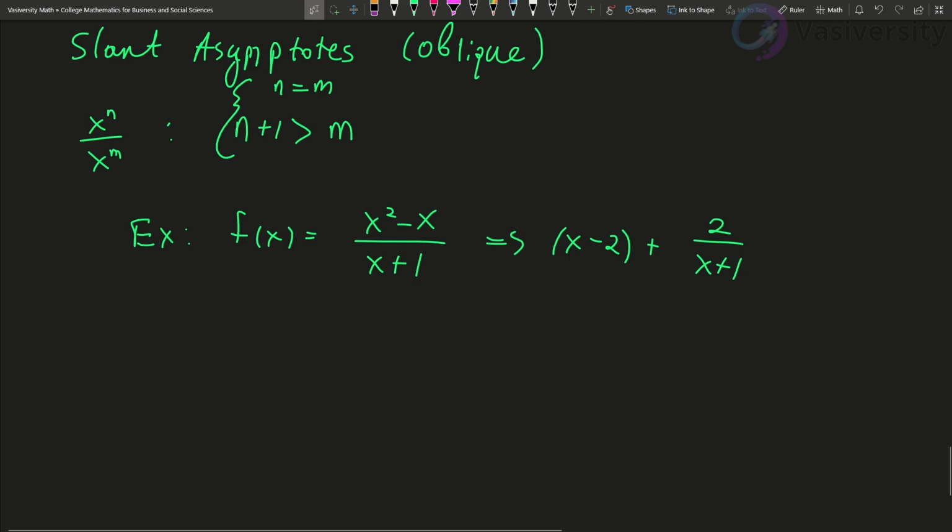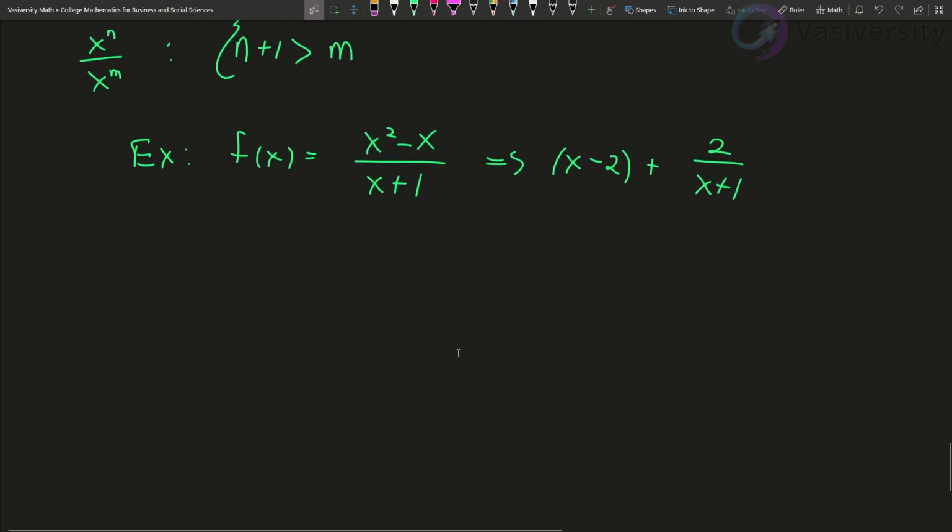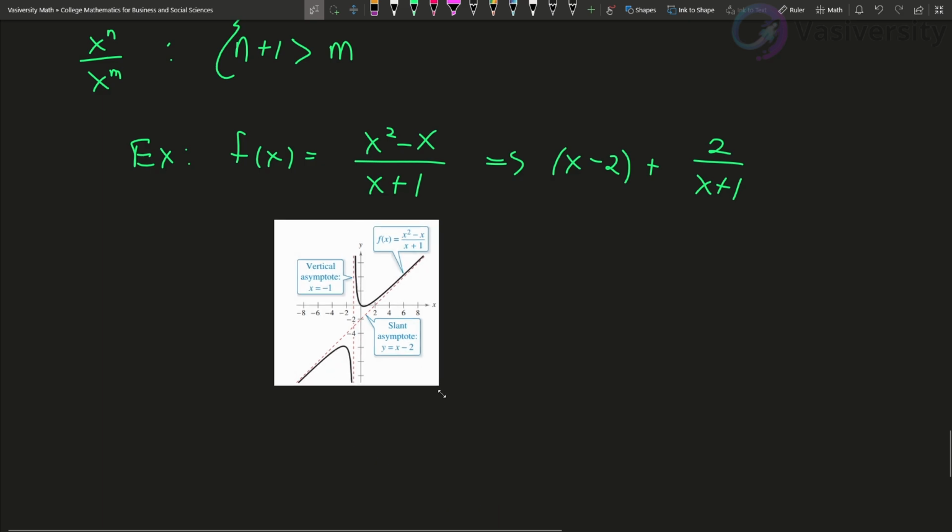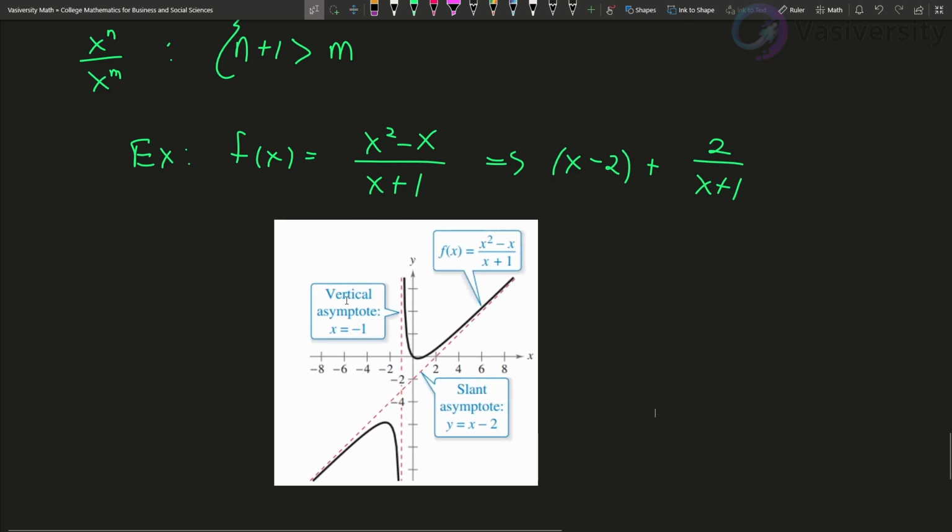The slant, or oblique, asymptote for this graph is going to look like this. Here it is. We have a vertical asymptote because x cannot be equal to -1, but this is our function f of x, and once we did the synthetic division, our slant asymptote is actually y equals x minus 2. This is our slant asymptote here.